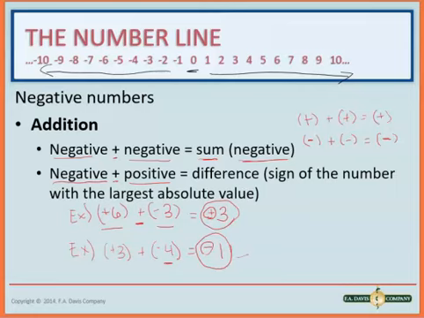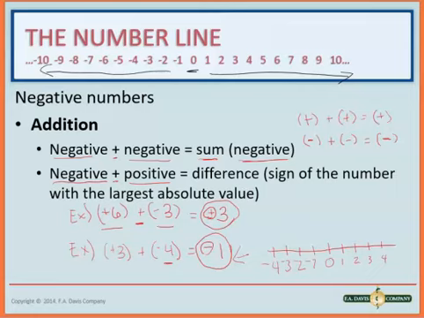Let's take this example here and put it on a number line to see exactly what it would look like. So let's make a number line with at least 4 on each side of our origin or our 0. So let's do 1, 2, 3, 4. 1, 2, 3, 4. So these, of course, will be negative 2, negative 3, negative 4.